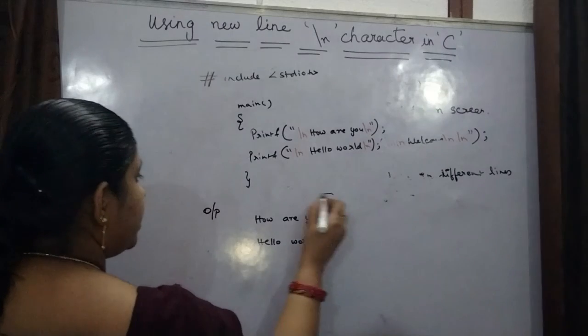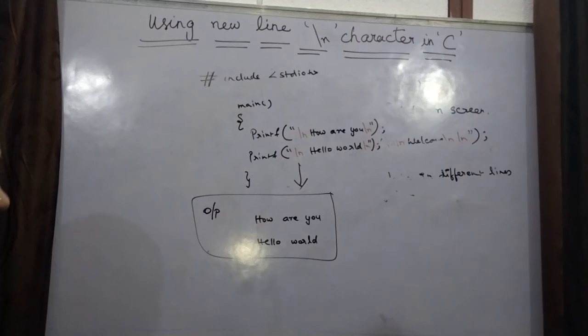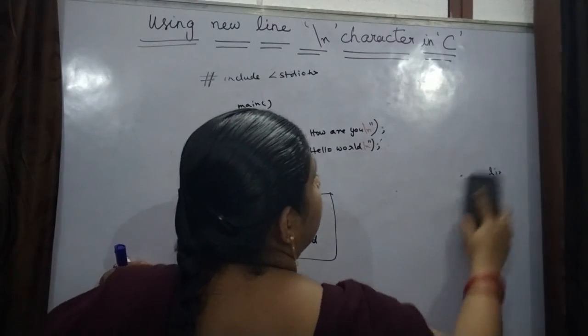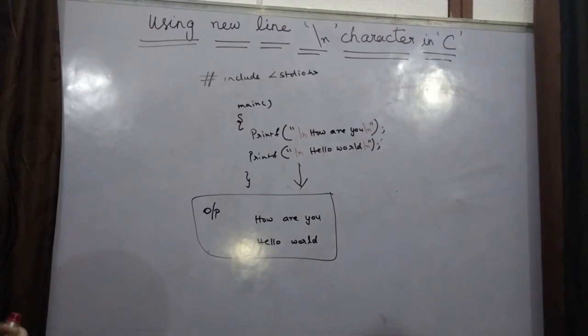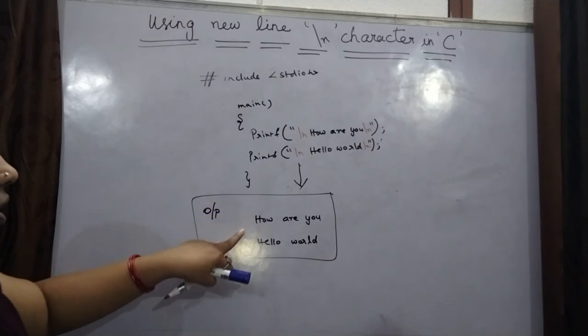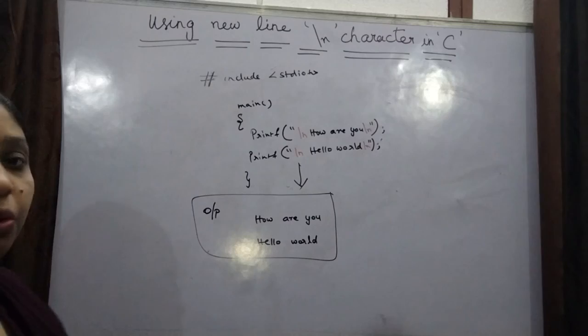Okay, this is the output for this program. So I hope you understood this new line character clearly. You can try this program on your system also. You'll be printing the data line by line. Okay, I hope you understood this.